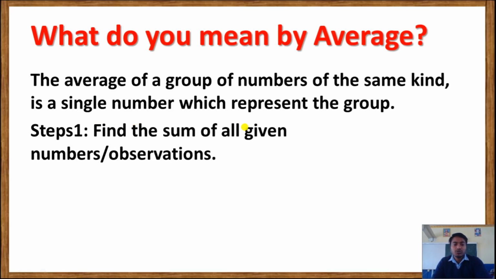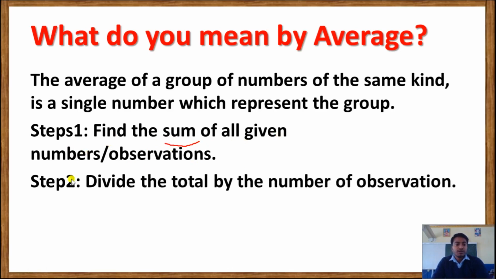Now how to find out the average when we have some data? For finding average we have two steps. Step number 1, find the sum of all given numbers, or observations.